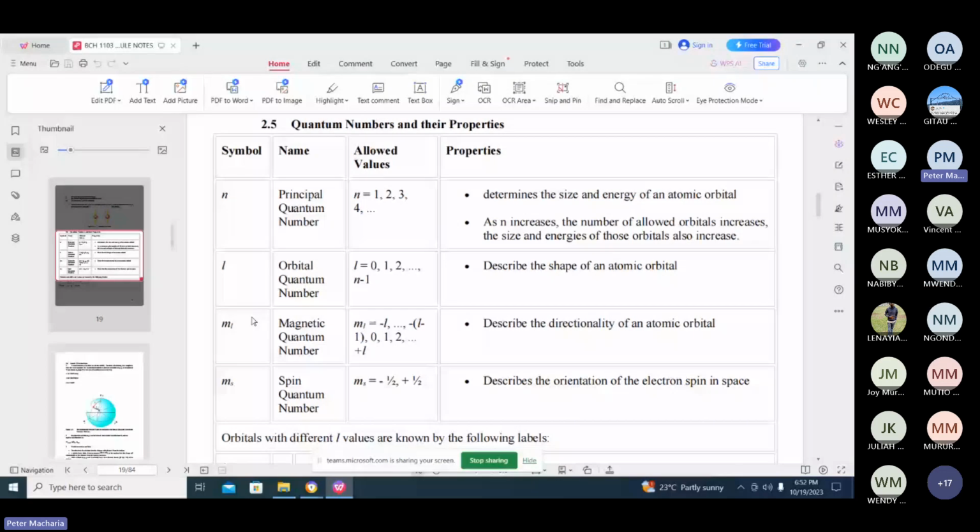What are the orbitals in F? Negative 3, negative 2, negative 1, 0, 1, 2, and 3. Those are 7. So that is why the F sub-level has 7 orbitals carrying a maximum of 14 electrons. So there is a relationship. Now we are creating a relationship between n, l, and ml.